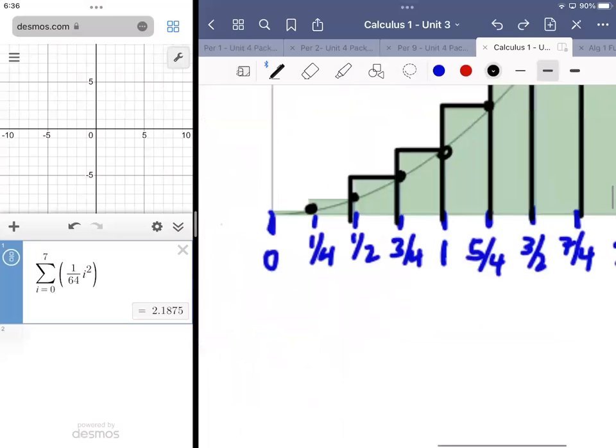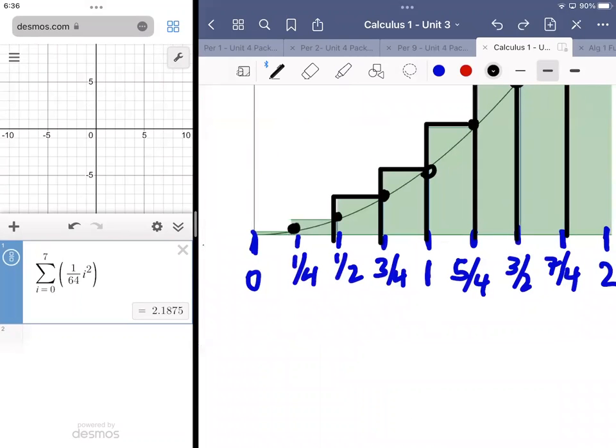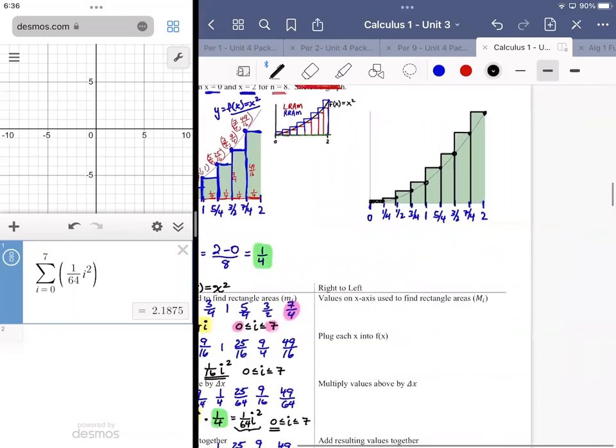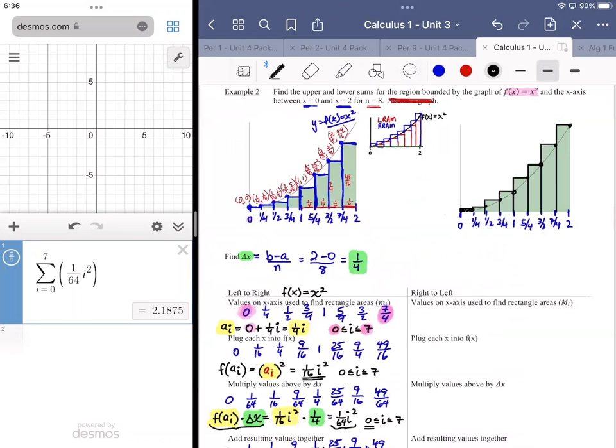I'm going to zoom in big time, with that last relevant one being at 1/4. If I can get it to land. Just kind of pretend. So I only care about these values.